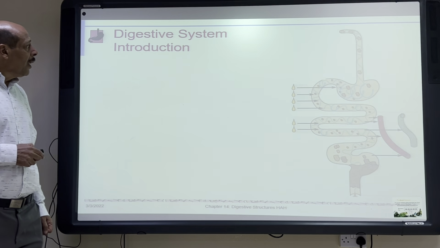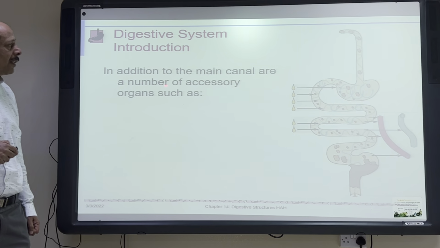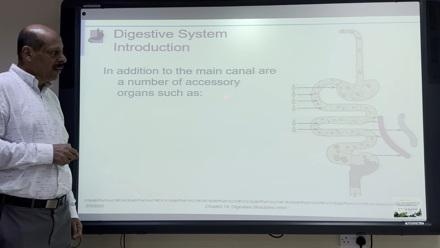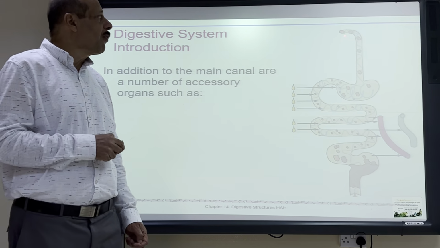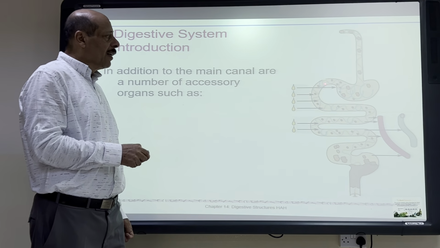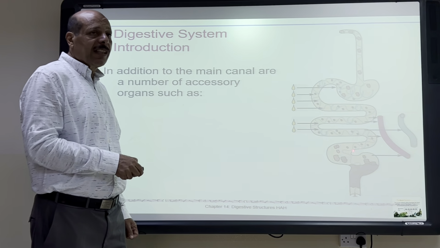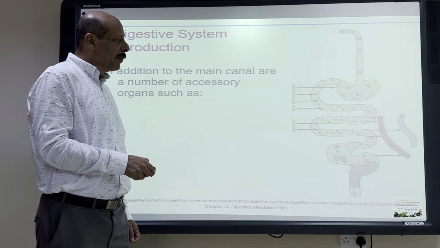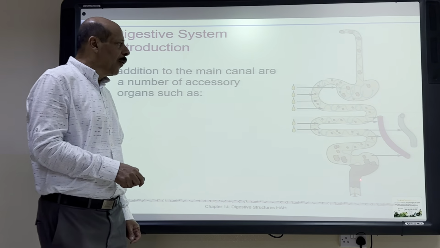So the digestive system, in addition to the main channel, has a number of accessory organs. The channel, as we said, starts from the mouth, then esophagus, stomach, duodenum, jejunum, ileum, then the large intestine: the ascending colon, the transverse colon, descending colon, then the sigmoid, then it ends with the rectum.